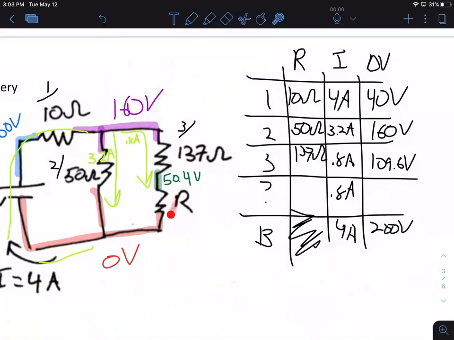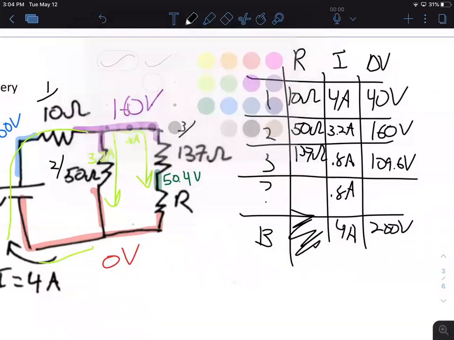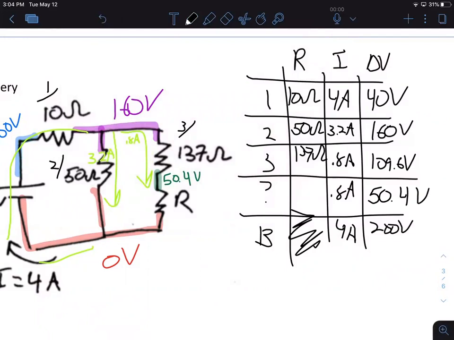So that tells me this: 50.4 to 0 across my unknown resistor, 50.4 volts. So we can see here these two together do just as much as this one, because this is a parallel path to this one overall.